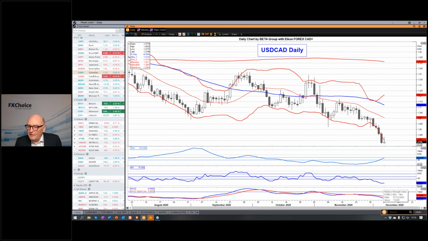It's very low in the RSI, but it's still pointing down, still no bullish divergence, and so let's say the downward pressure for the dollar against the Canadian, or strength in the Canadian, is still looking like it's there, and we can go further in the short term.